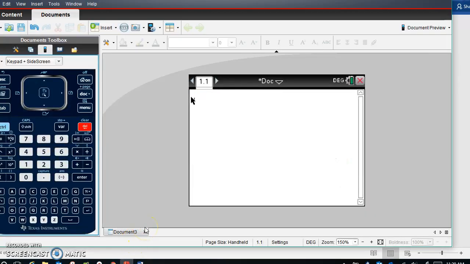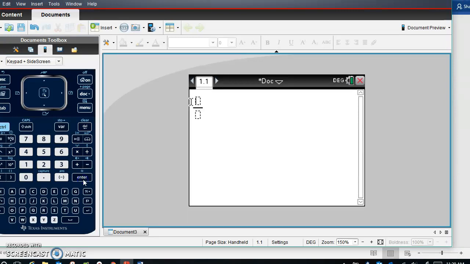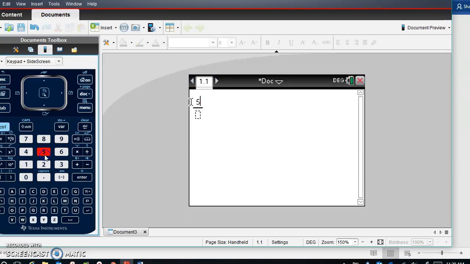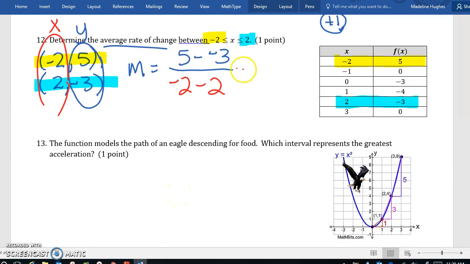I'm going to start with a fraction, and I'm doing 5 minus -3, and on the bottom, -2 minus 2, and that is equal to -2. So I'm going to go back over here, and this is equal to -2. That's our average rate of change.